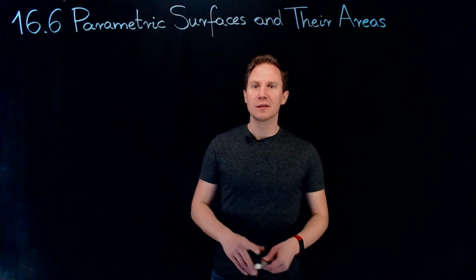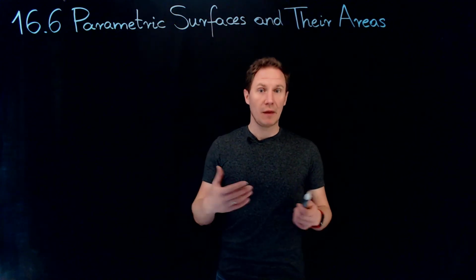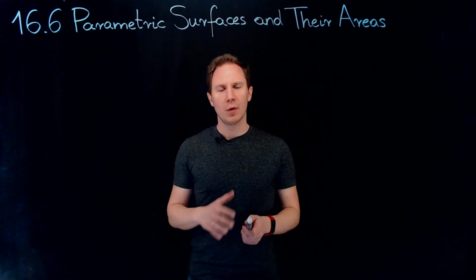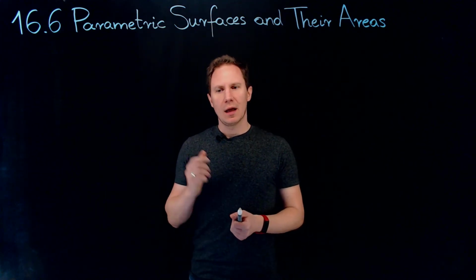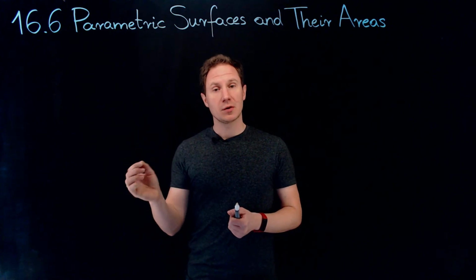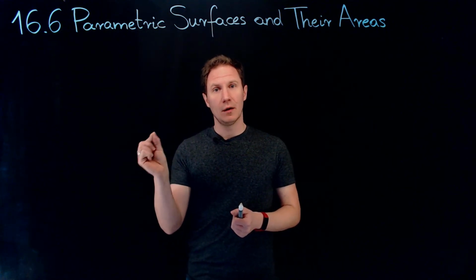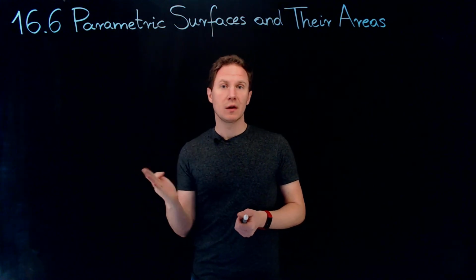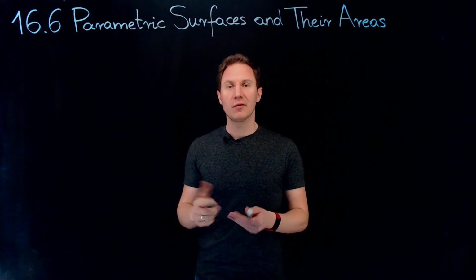In this video, we'll discuss parametric surfaces and their areas. So the idea is similar to what we had when we had vector functions depending on a single variable or parameter, giving us curves in the plane or in space.